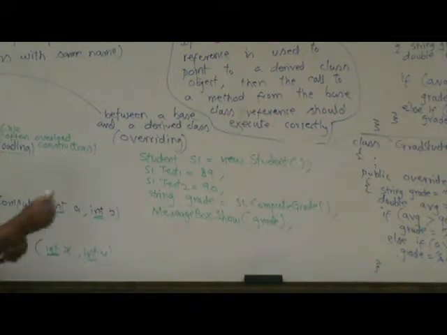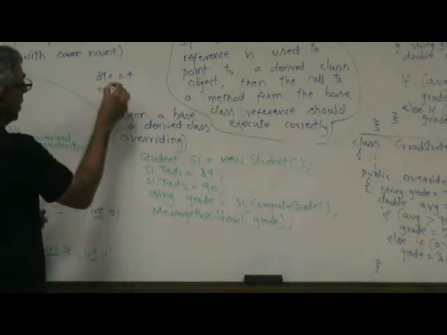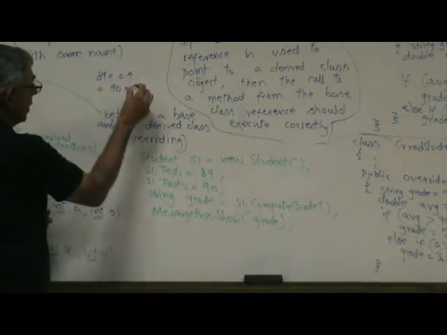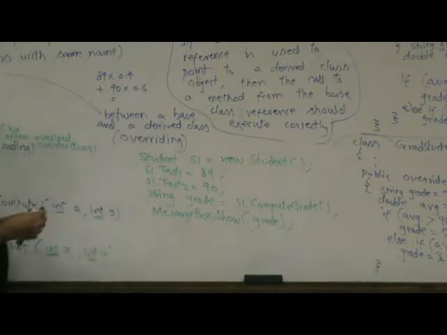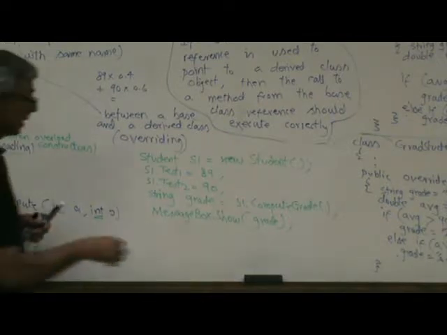No. Why not? 89 times 0.4 plus 90 times 0.6. Anybody has a calculator? Sorry, that will be less than 90. Yeah, right? It will be less than 90, so let me make it this way.